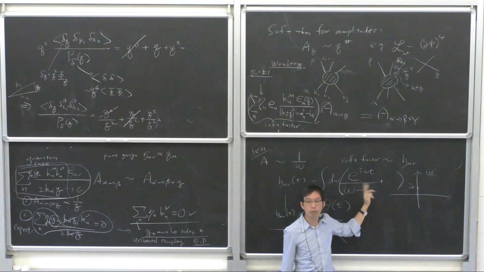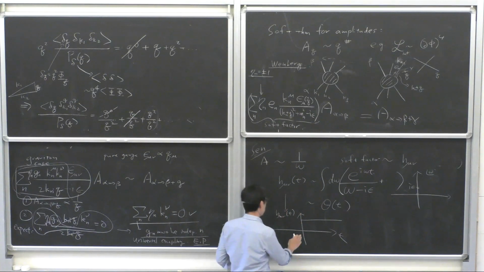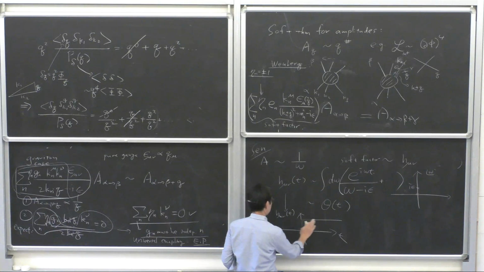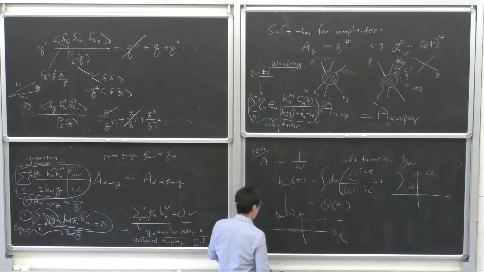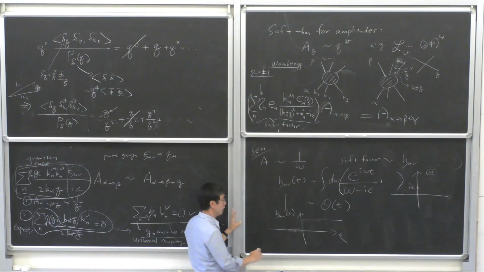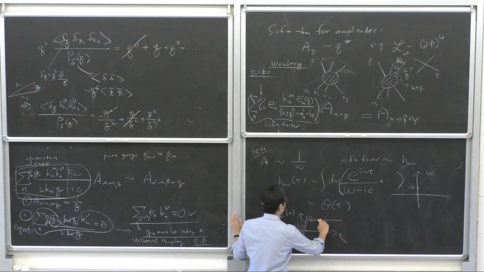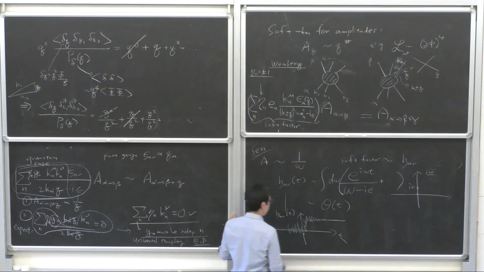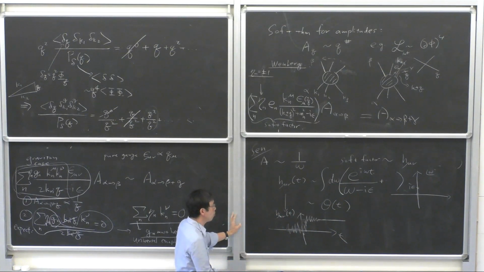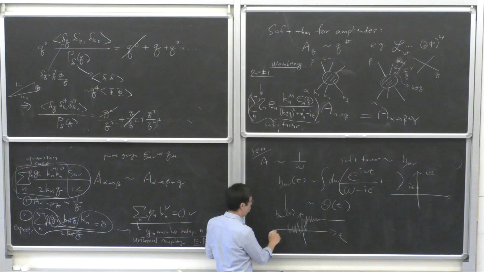Those things we have not included. If you had included those things, you would have found what our experimentalist friends actually see in LIGO or Virgo: you see gravitational waves, but in the very long run, because of this 1 over omega pole, you will see an offset.